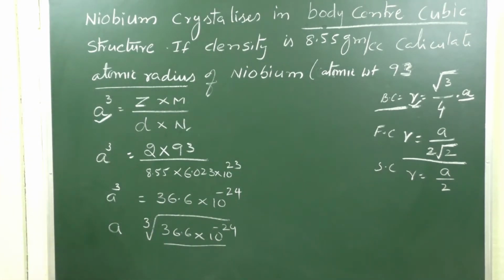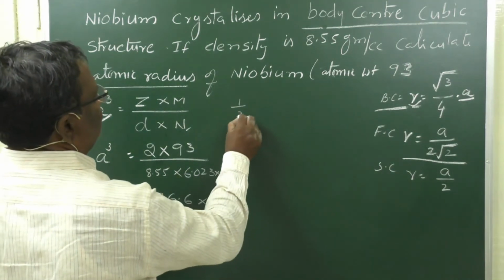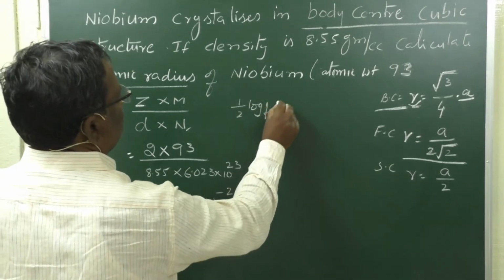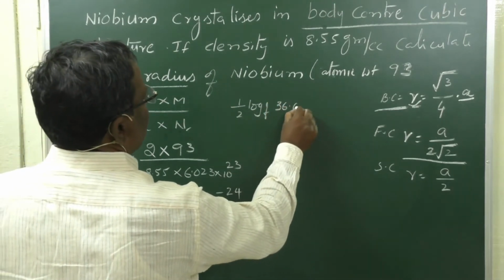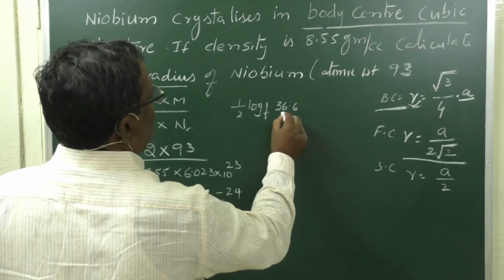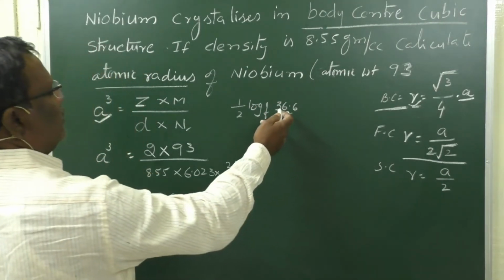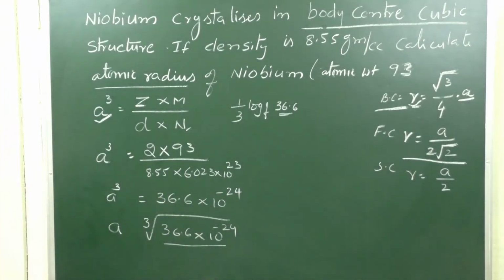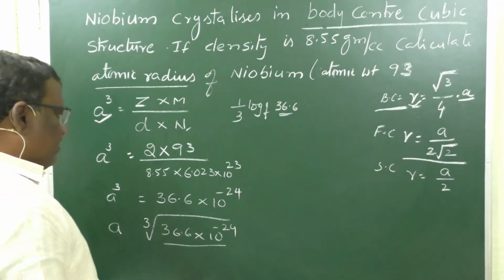To calculate the cube root, take 1/3 log of 36.6, because cube root means 1 by 3. The log of 36.6 is 1.5635.